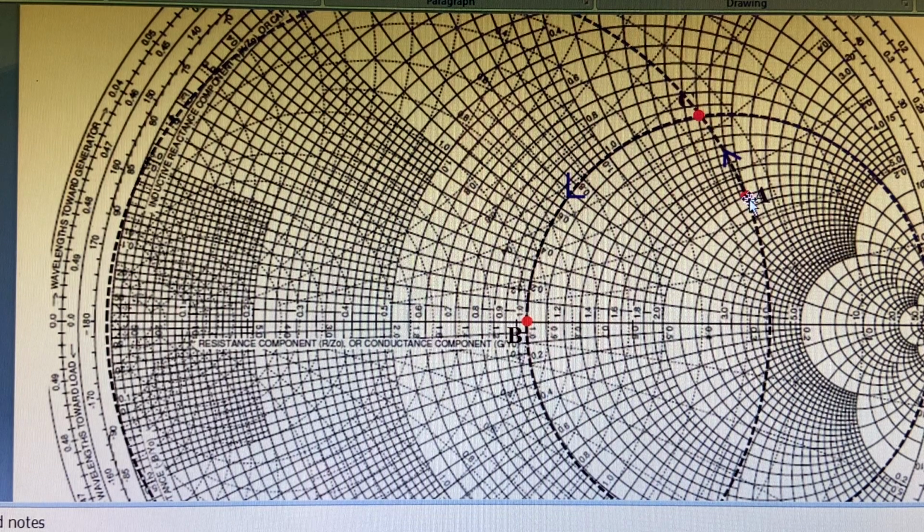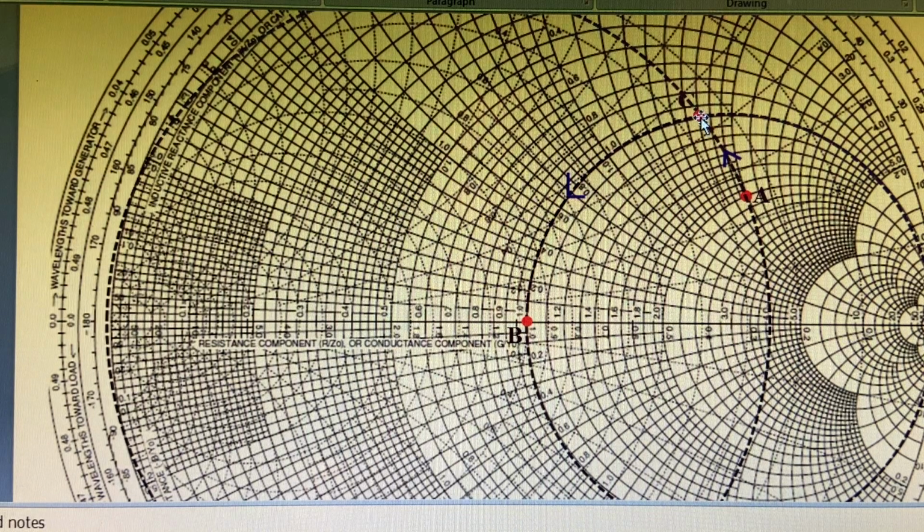First we have to move from A to C like this to reach the r is equal to 1 circle. Then from here we have to move on the resistance circle in the anti-clockwise direction to reach B. So there are two elements added. One is by moving A to C on the conductance circle in the anti-clockwise direction, that adds a shunt inductor as an element.